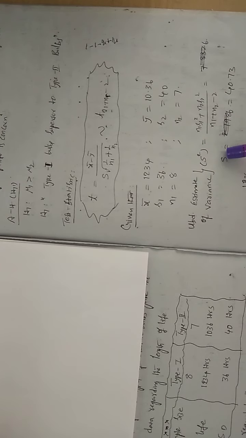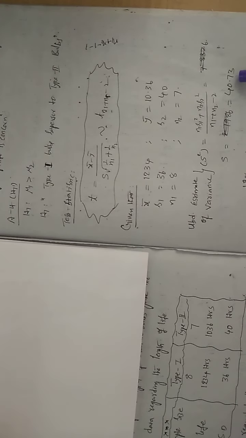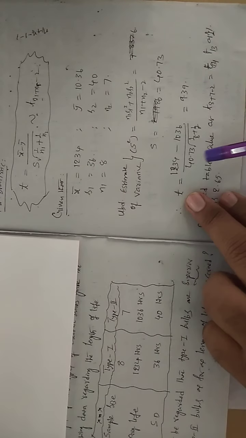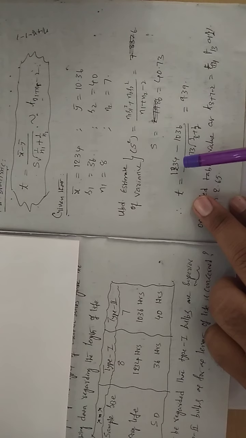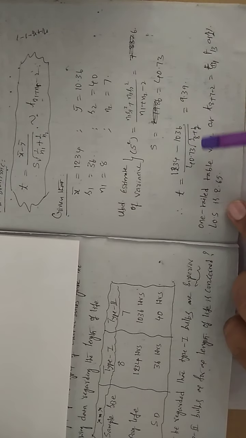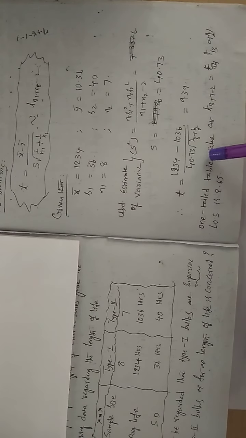The square root of this gives s, which is 40.73. Now substitute in the T formula: 1234 minus 1036, whole divided by 40.73 times the square root of 1 by 8 plus 1 by 7. On simplification we get 9.39.